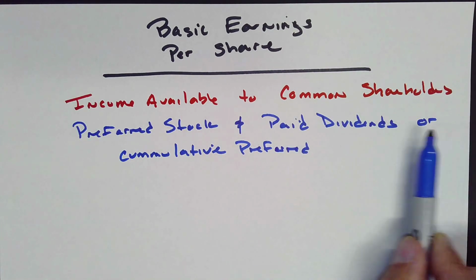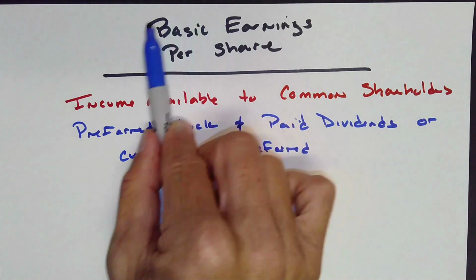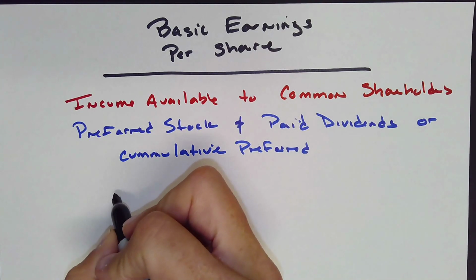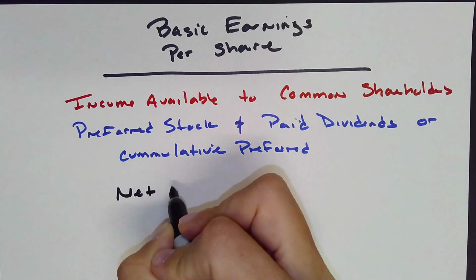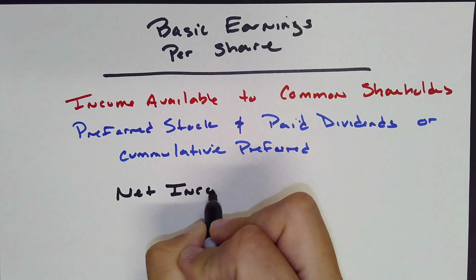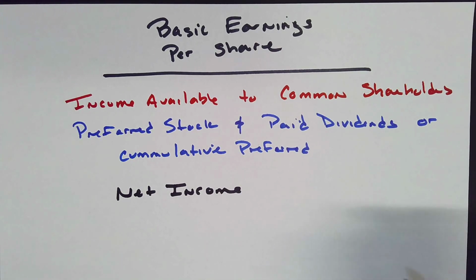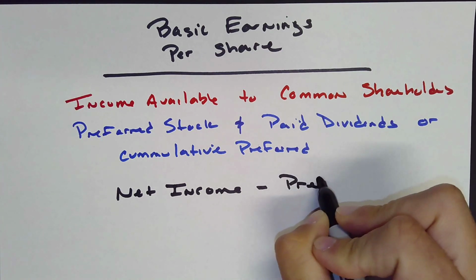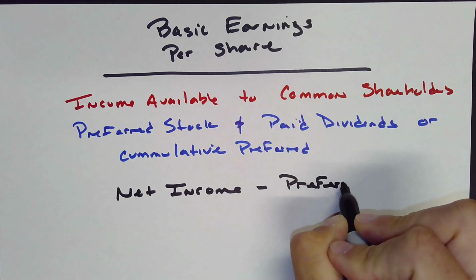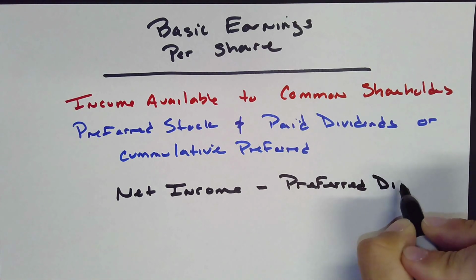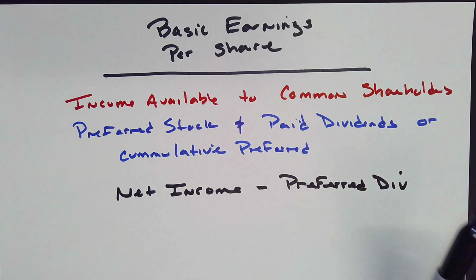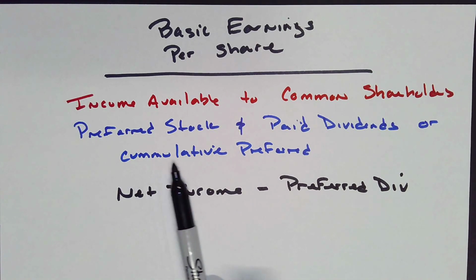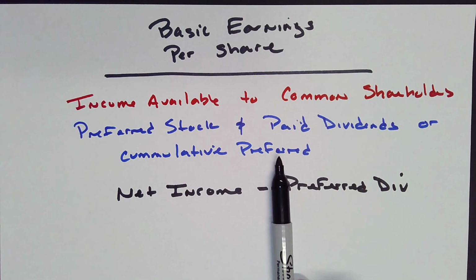So if we're looking for income available to common shareholders when we're trying to figure out basic earnings per share, I need to take my net income and subtract out these preferred dividends, whether or not I paid them or whether or not they're cumulative, because there is an obligation for me to pay them eventually.